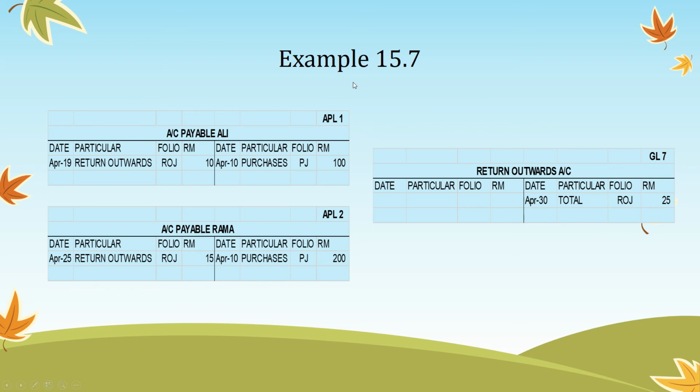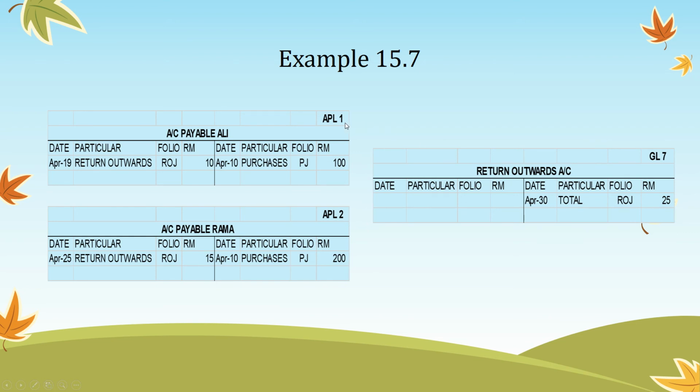The ledger would be as follows. For return outward account, since return outward will reduce the amount of purchases or purchase expenses, reduced purchase expenses will be credited. So 25 ringgit is on the credit side of return outward account.